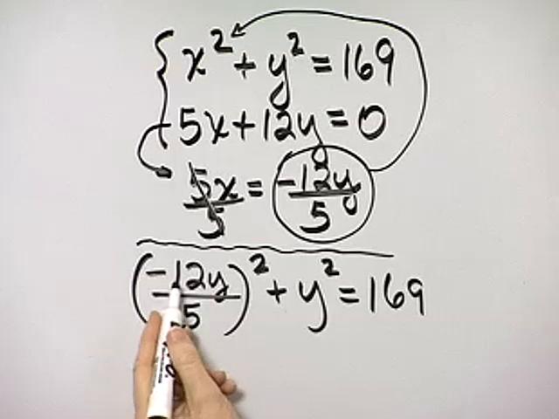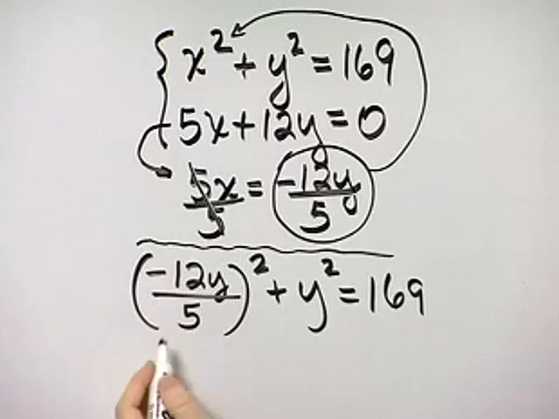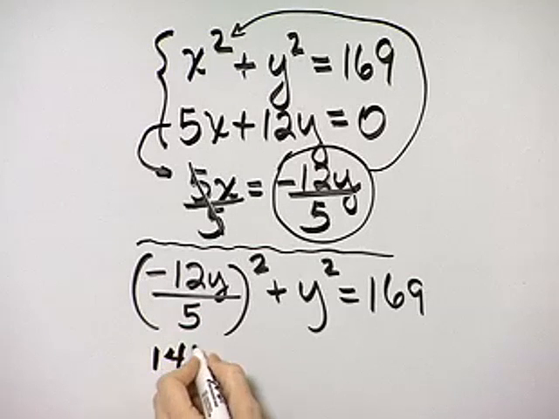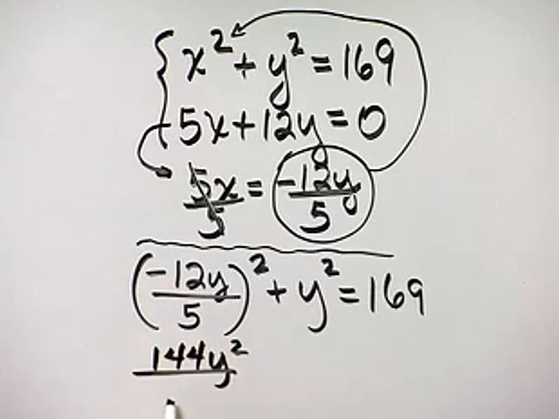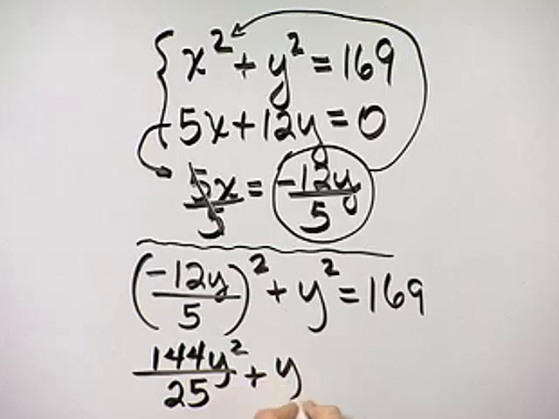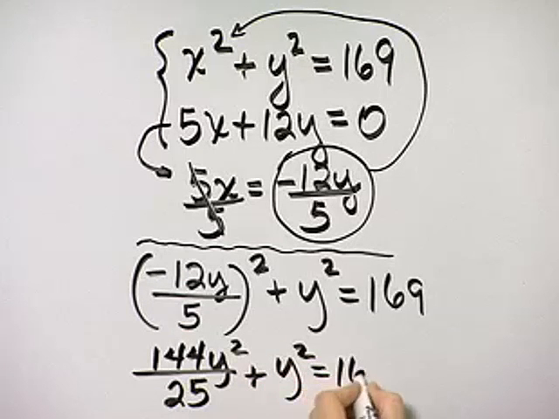If I square this, that's negative 12 times negative 12, that's 144y squared over 5 squared is 25 plus y squared is equal to 169. And it's really up to you at this point as to whether you want to deal with fractions or not.